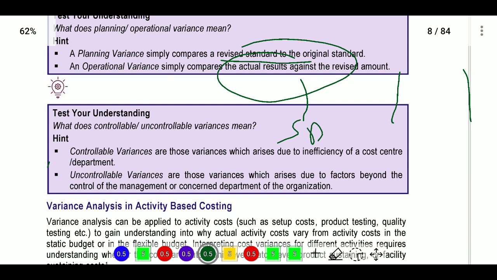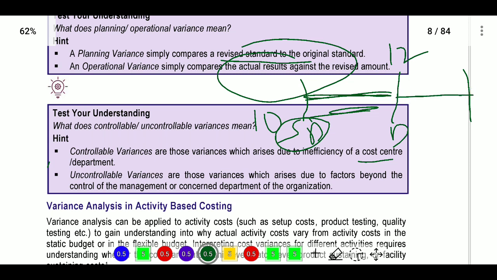Firstly we prepare the standard, and while doing the operations we don't know the price. We prepare a budget of 10 rupees, but the actual is 12 rupees. We don't know whether this increase was due to inefficiency of the cost center, or whether they had no control over it during the operation.